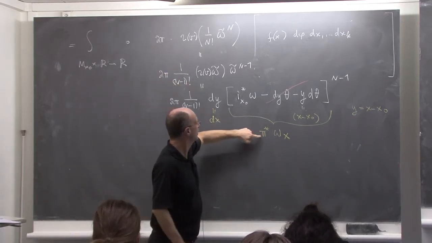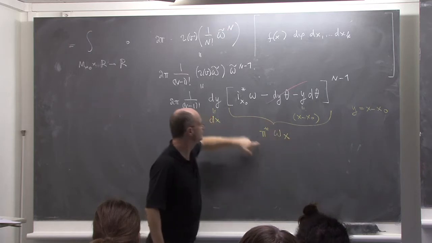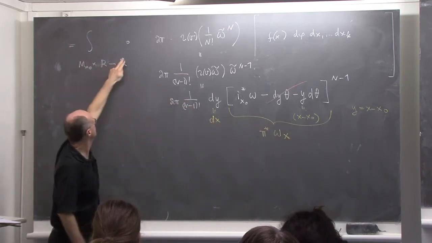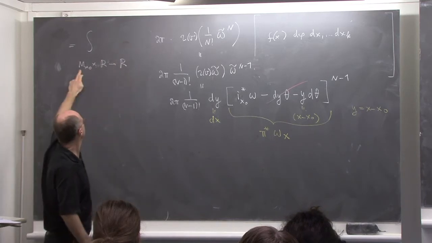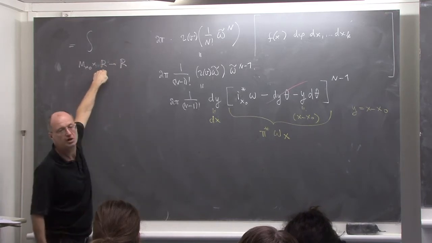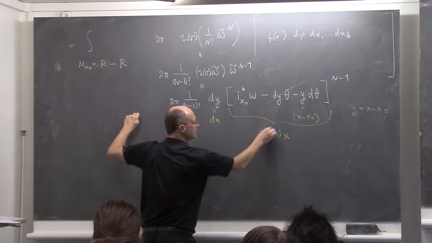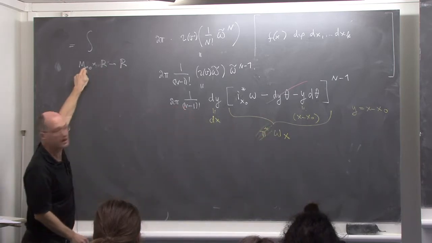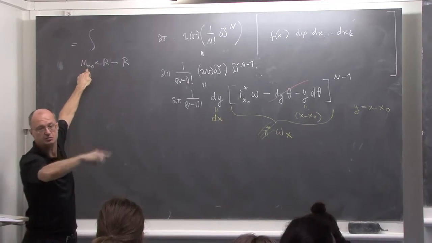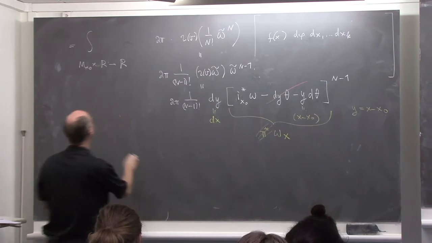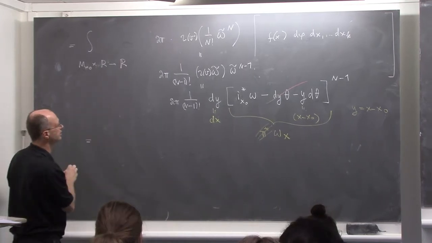All right. We were writing it in local coordinates, but now we live, recall, on M_x0 cross R. So this pi we should already forget because we already divided by the S1 action. So we already live here. So what do we get?